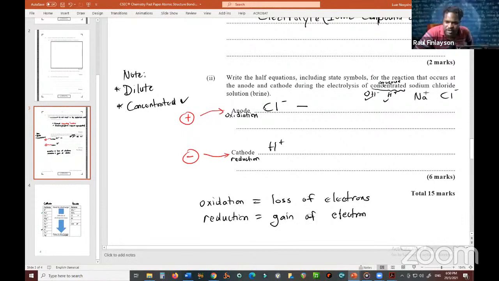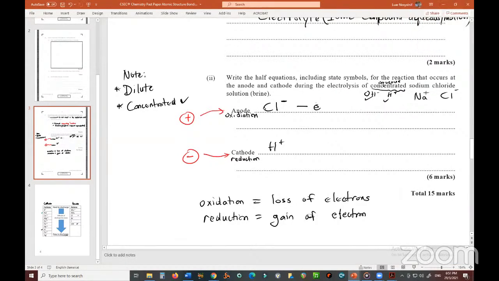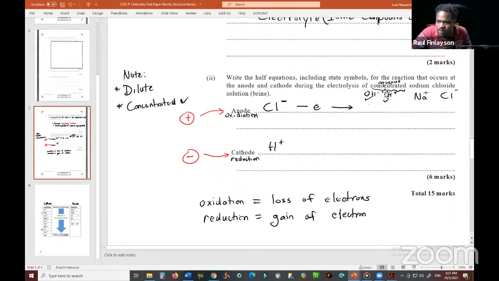So oxidation means loss of electrons. I'm going to put a minus sign here, and chlorine, because we know it's only got 1 electron in the bonding process, you're going to take away that 1 electron. Let's put the e there. And then it's going to form Cl2, what it was before, which is chlorine gas.